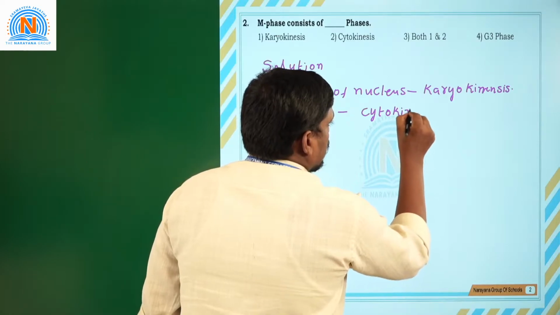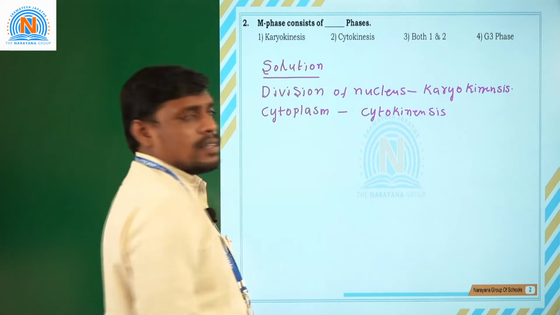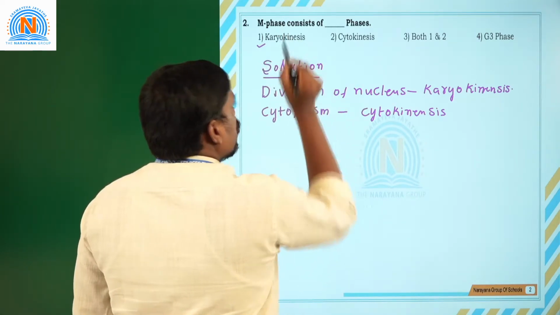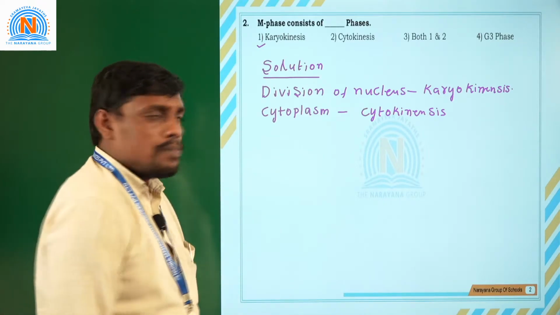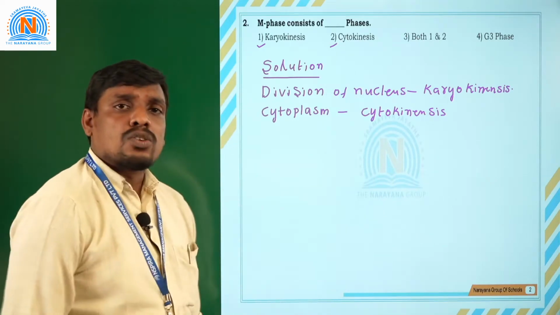So, the division of only the nucleus is called karyokinesis and the division of only the cytoplasm is called cytokinesis.